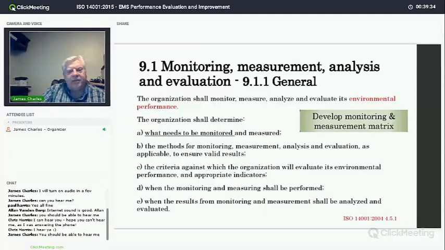So really, it is up to the organization, and organizations really need to understand this, because when your registration auditor says, "Well, geez, why don't you have an indicator for this?" You can say, "Well, we decided that wasn't a measure of our environmental performance. We still might think it's significant because we have a compliance obligation or a permit or some other issue, but we don't consider it a performance measure."